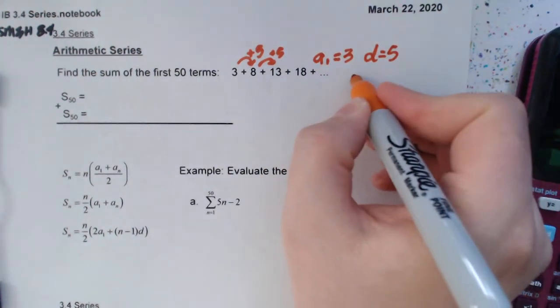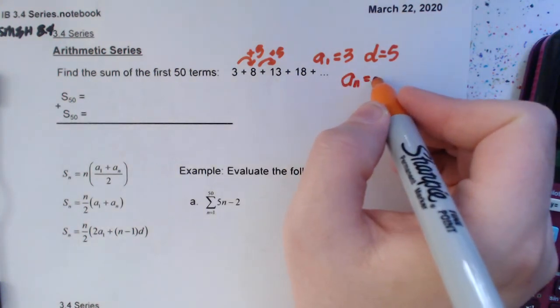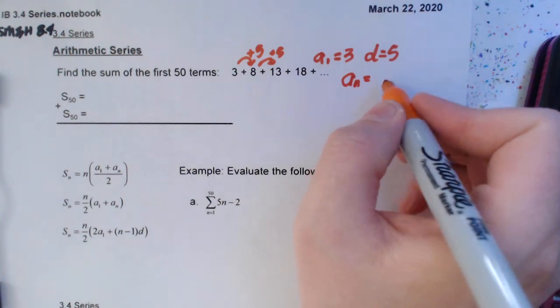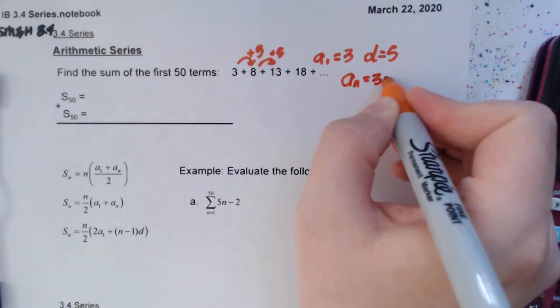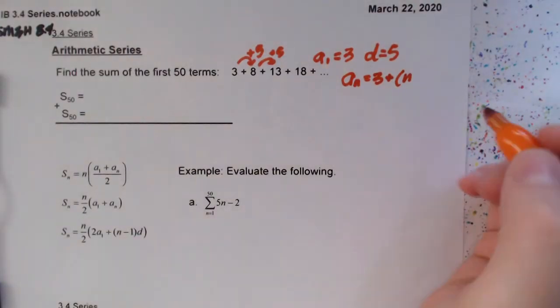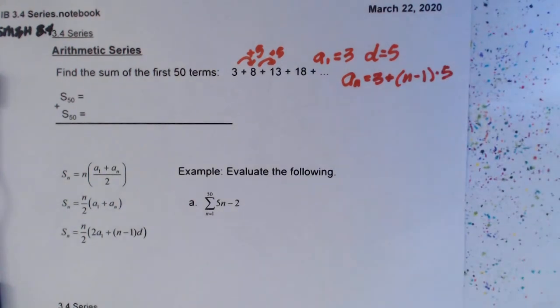So you can write that as a way to find your terms. And then it's the n minus 1 times the difference, and that's going to allow us to find any of the terms.